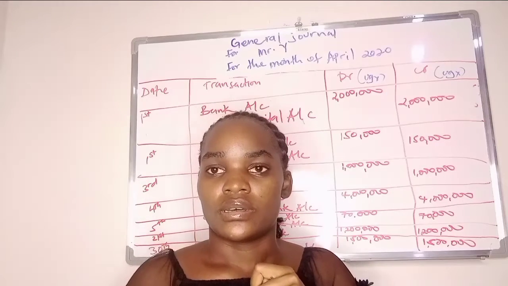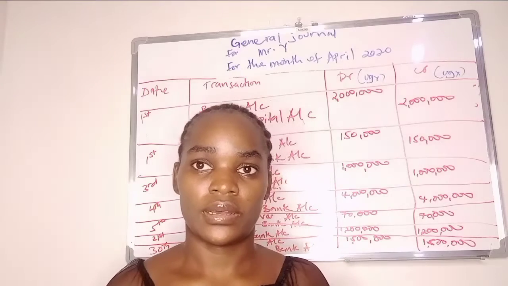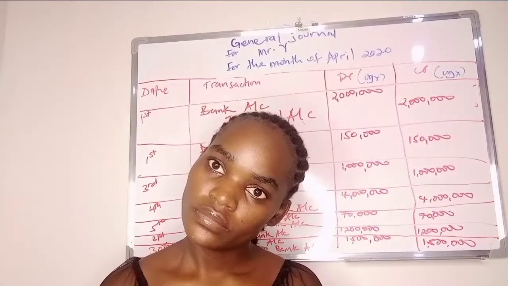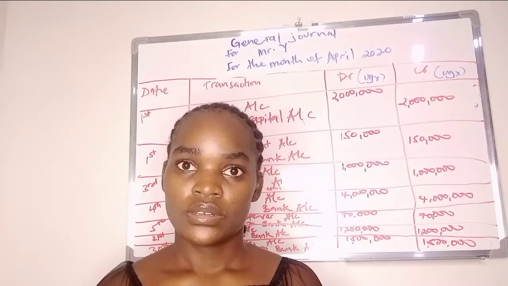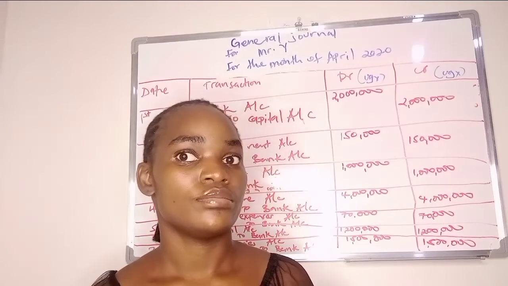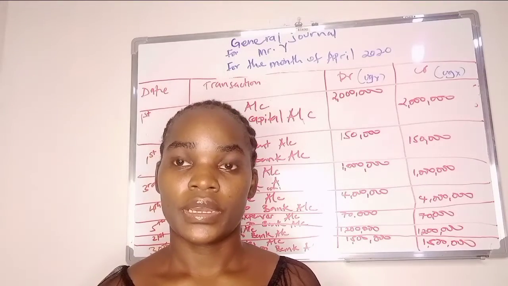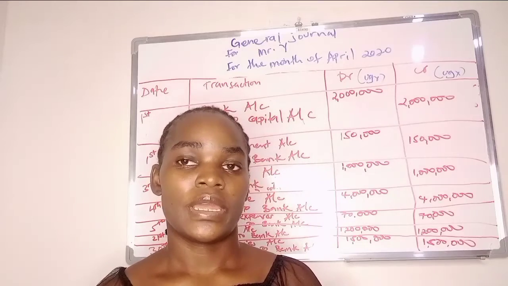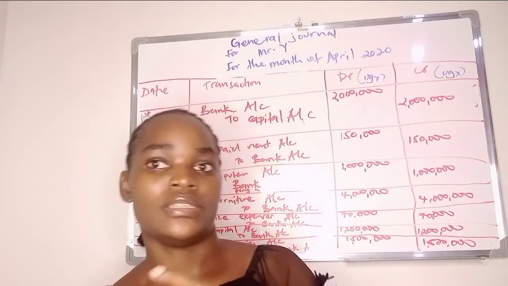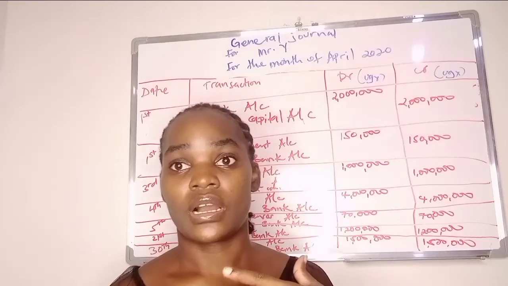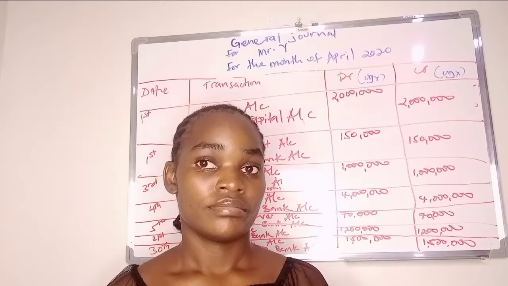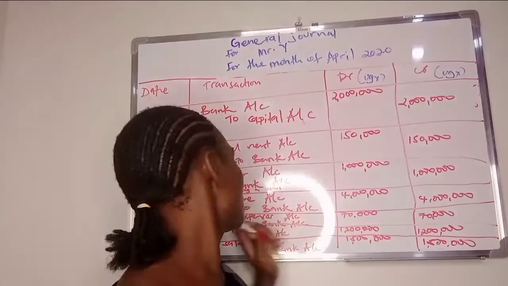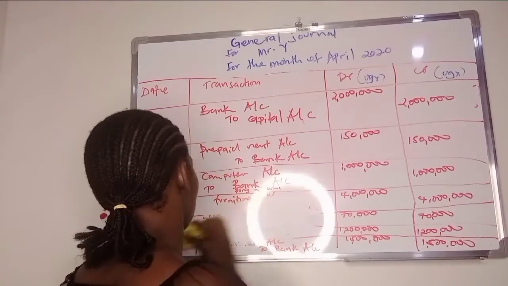Yeah, so that is all about the journal, and then the journal ledger. So in case they ask you to prepare the journal, and then after you prepare individual ledgers or T accounts or individual accounts. So here you just, let me rub down here and show you.